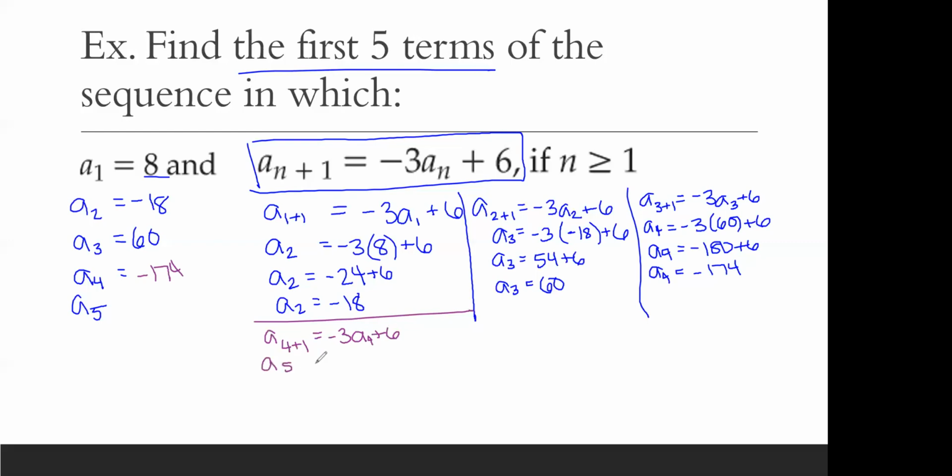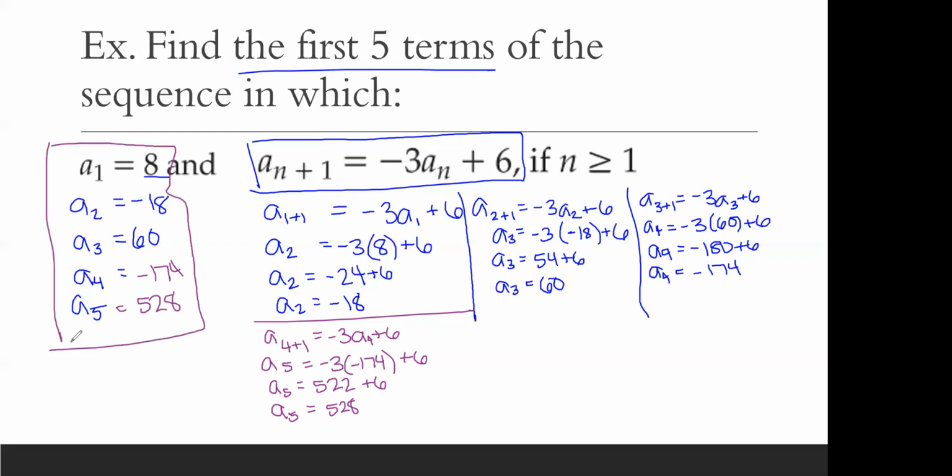So a sub 5 is equal to negative 3 times negative 174 plus 6. I multiply negative 3 times negative 174, and that ends up being positive 522 plus 6, so that's 528. So my fifth term is 528. Now I have all of the first 5 terms.